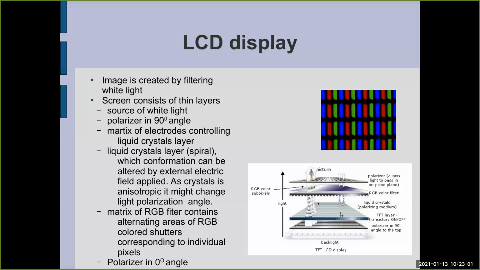Between polarizers, we have two layers. The first layer is the liquid crystal layer, which is deposited on the TFT layer, so the transistor on-off layer. So how does it work, or what are liquid crystals?